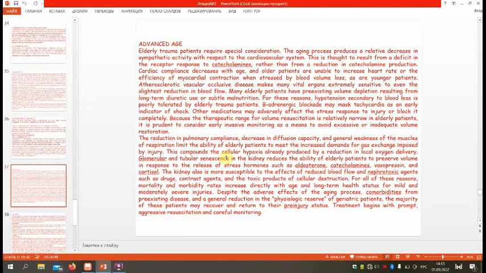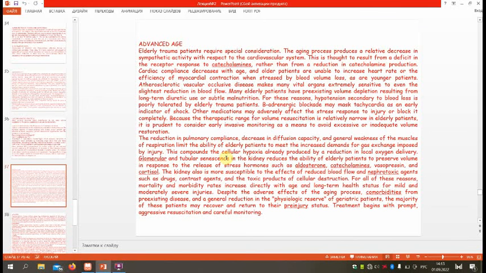Atherosclerotic vascular occlusive disease makes many vital organs extremely sensitive to even the slightest reduction in blood flow. Many elderly patients have pre-existing volume depletion resulting from long-term diuretic use or subtle malnutrition.